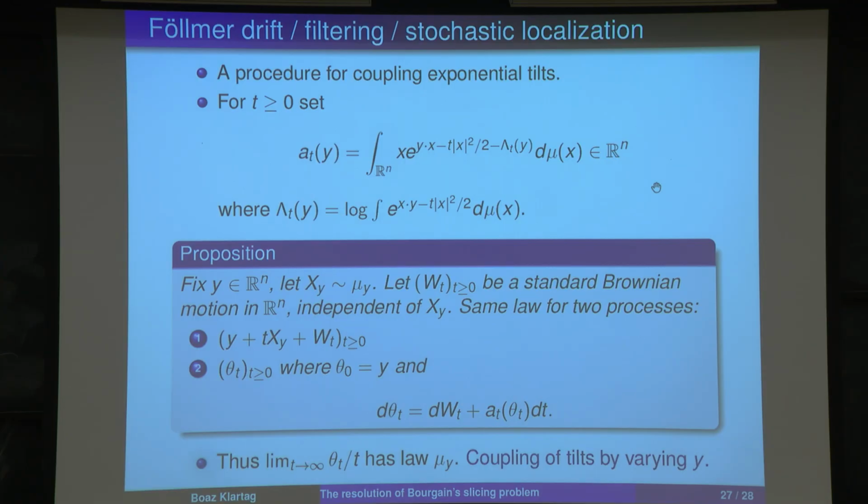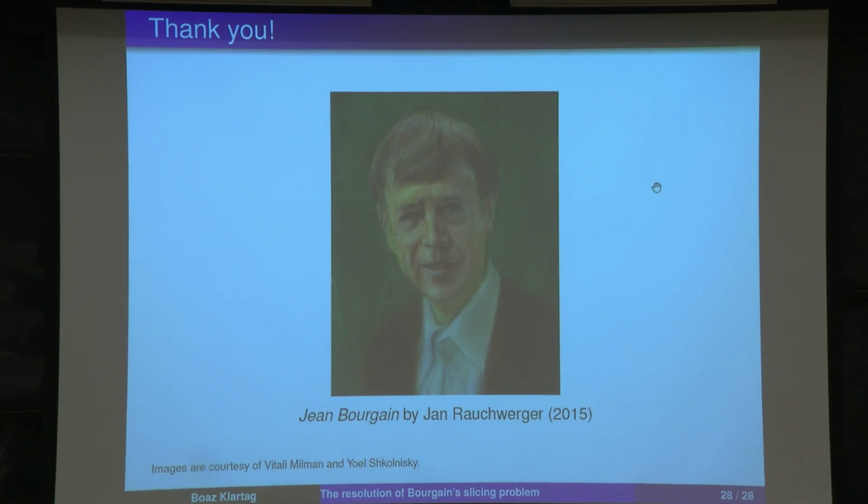So just this dynamics, depending on the starting point, gives you different tilts of the original measure. This gives you simultaneous couplings of all the tilts, and we analyzed this and managed to prove this theorem. My time is up, so thank you very much for your attention.